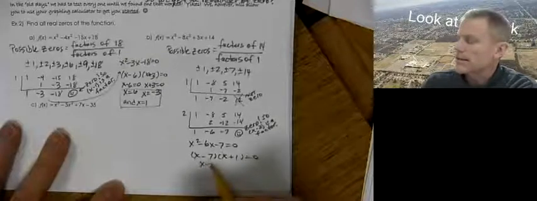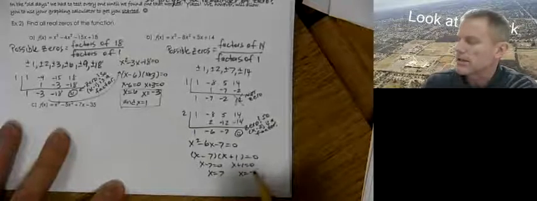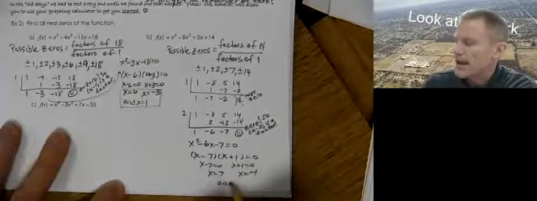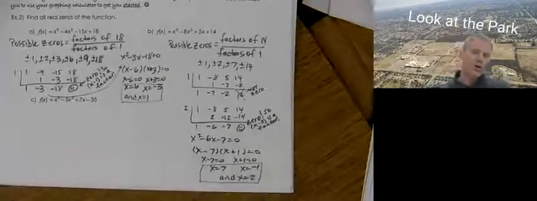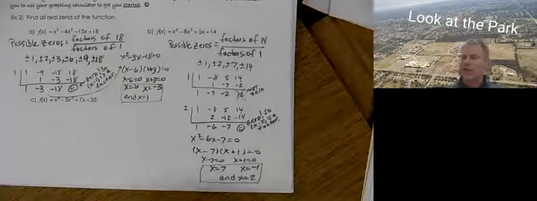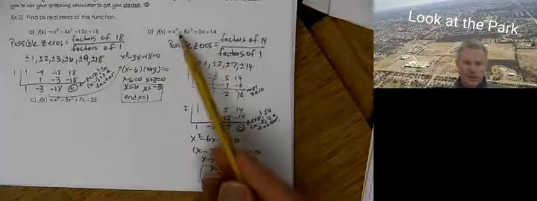So x minus 7 equals 0, x equals 7, x plus 1 equals 0, x equals -1. And don't forget, you also have x equals 2. So those are your 3 different answers for your cubic equation.